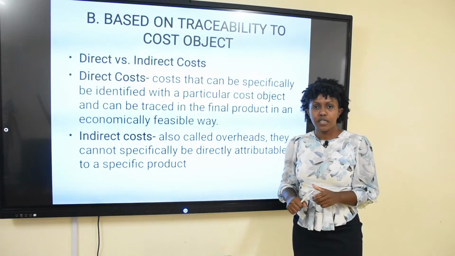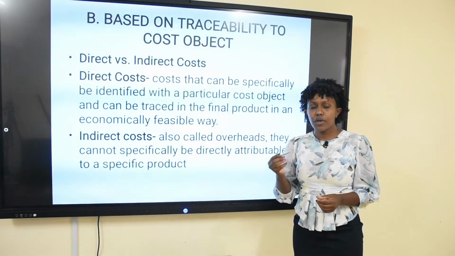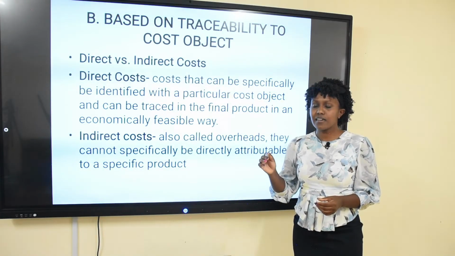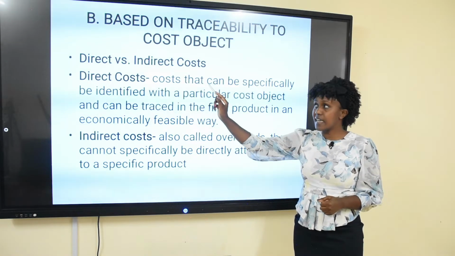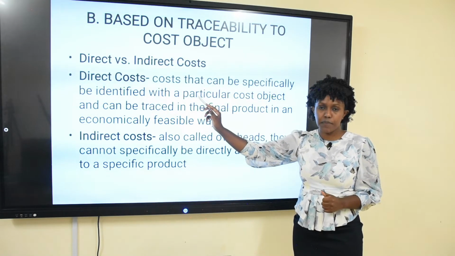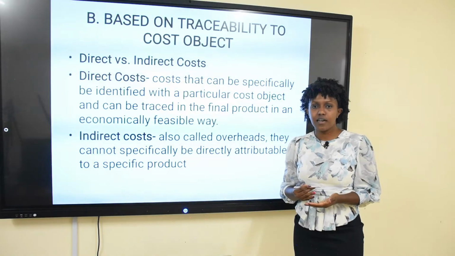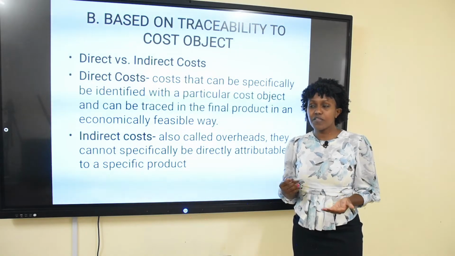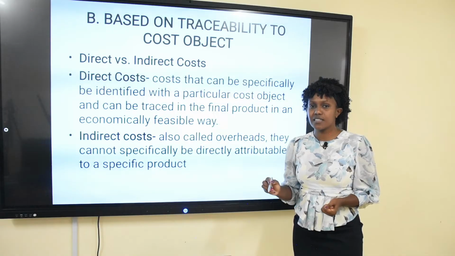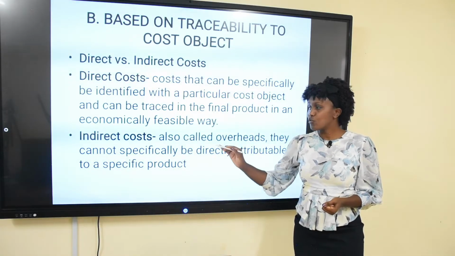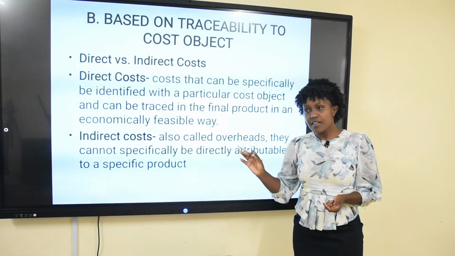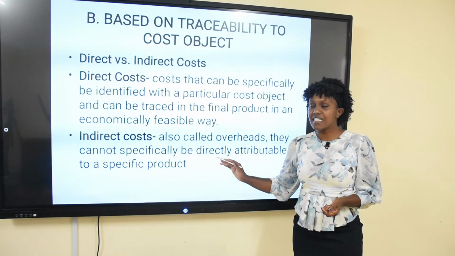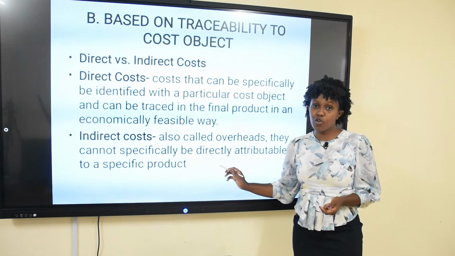For example, in a factory, the wage that is paid directly to the laborer who is producing a product is a direct cost, which is direct labor. But the supervisor has a salary. While the supervisor does not specifically attend to any of the products directly, he supervises the work. Then the amount paid to the supervisor is an indirect labor cost.